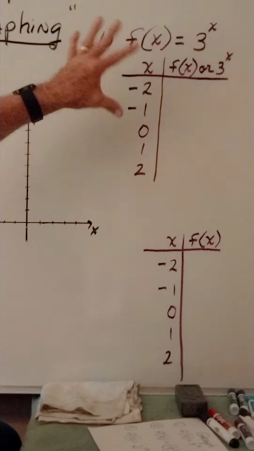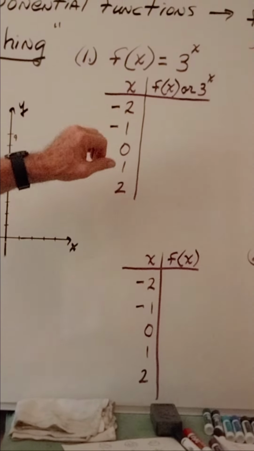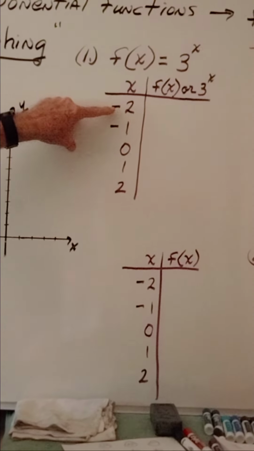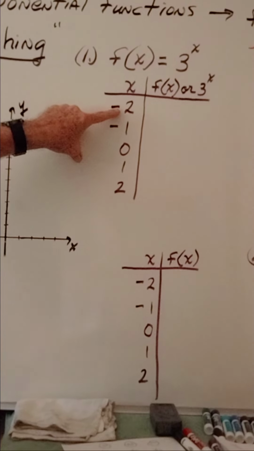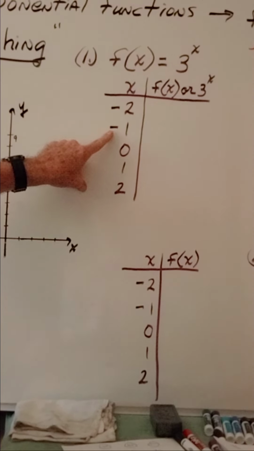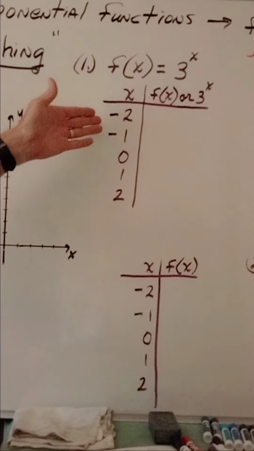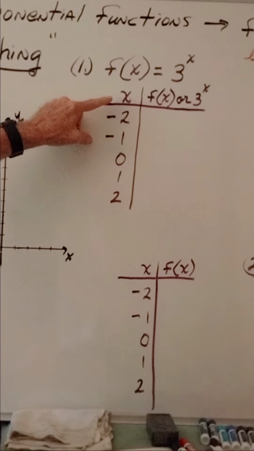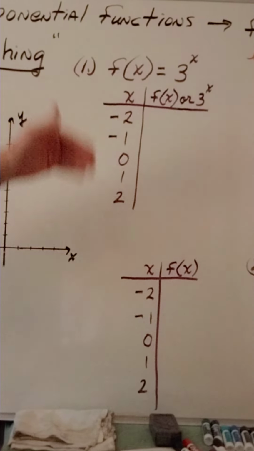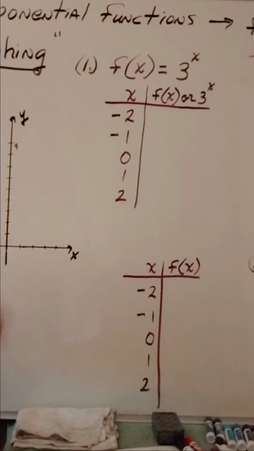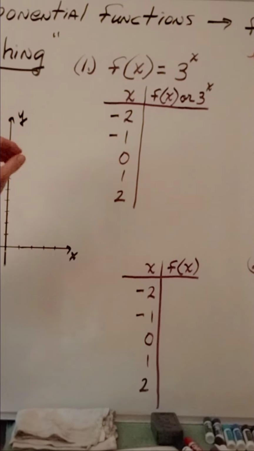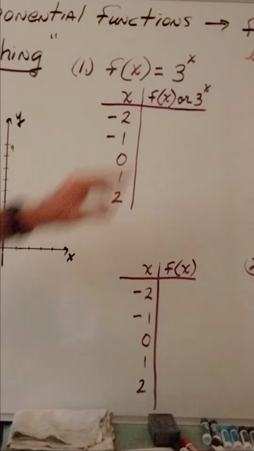So ordinarily the directions in the book for 9.1 are going to say, let the values of the domain, the values of x, commence with -2, then -1, then 0, then 1, and then 2. Because if we were to allow x to be -3, +3, -4, +4, we wouldn't have enough room on the coordinate plane to plot the points, because the numbers would be either very, very small or very, very big.